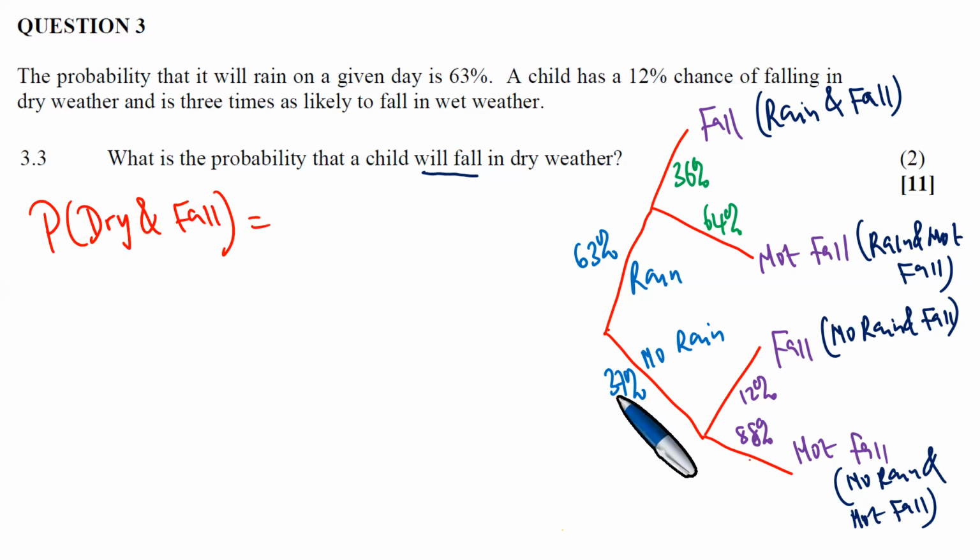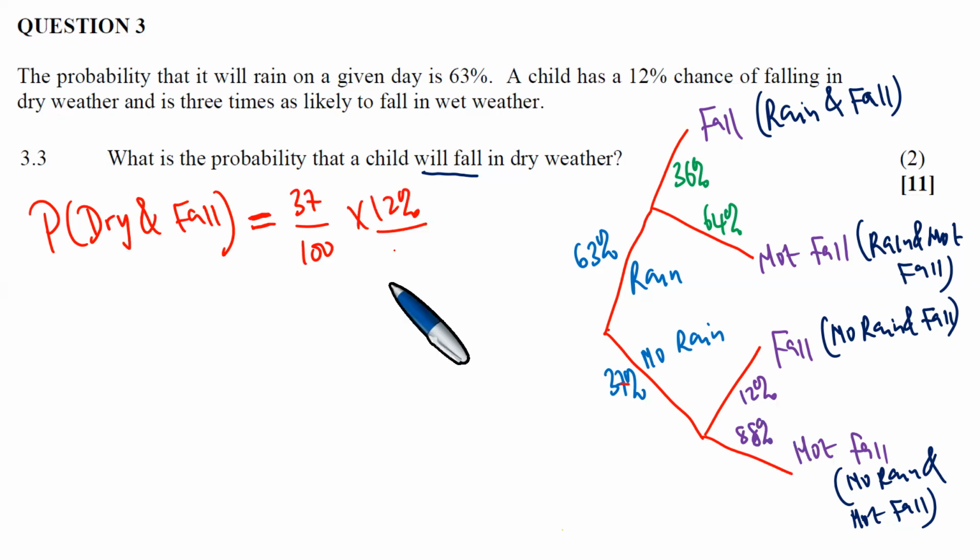The probability of no rain is 37 over 100. And the child falls down, 12%. You can just put 12 over 100 because percent means divide by 100.